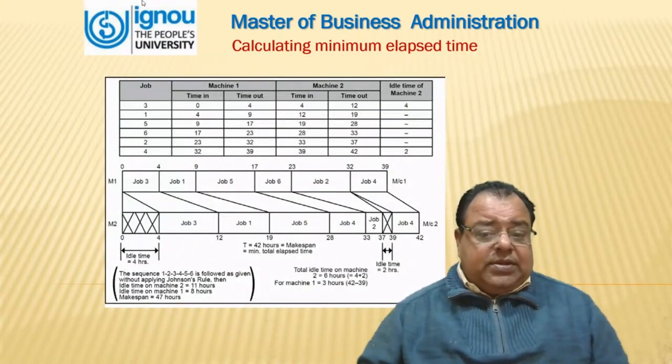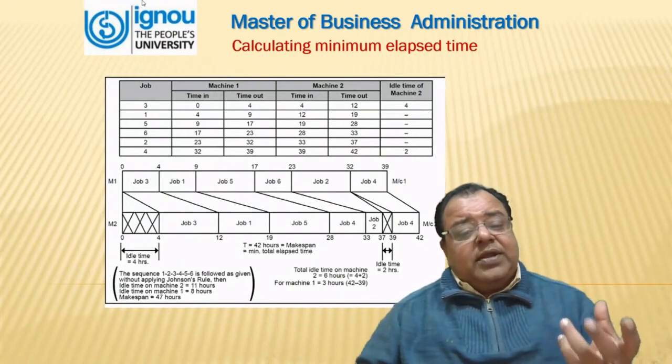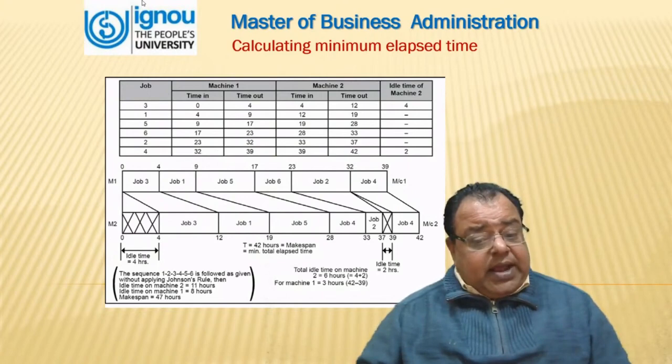This is how the computer uses your Gantt chart. In the sequence, the total idle time on machine 2 is 6 hours, and for machine 1 it is 3 hours. It has been calculated with the help of the Gantt chart.